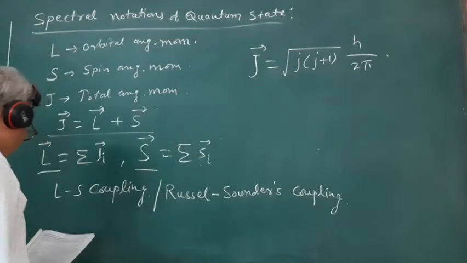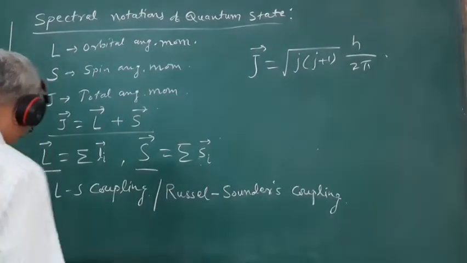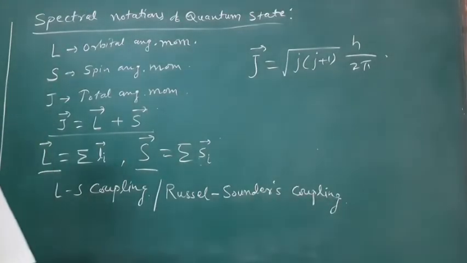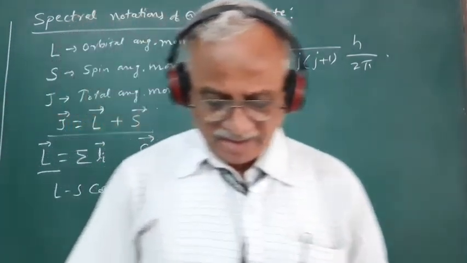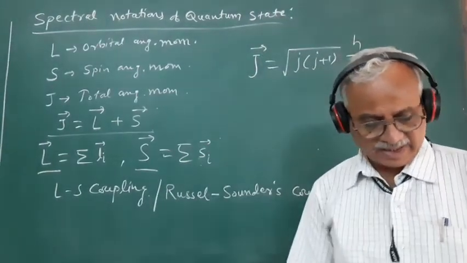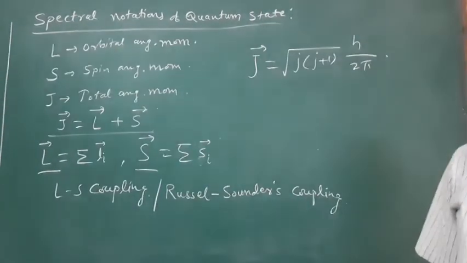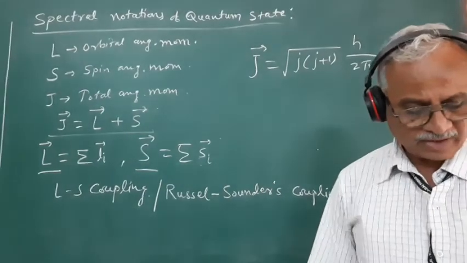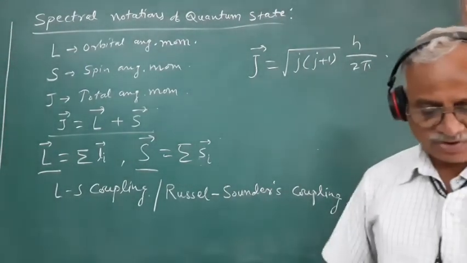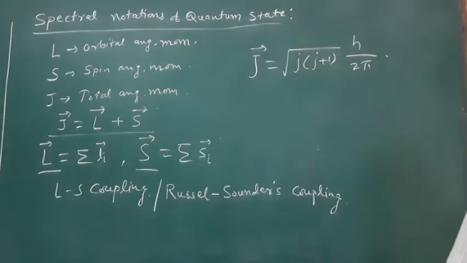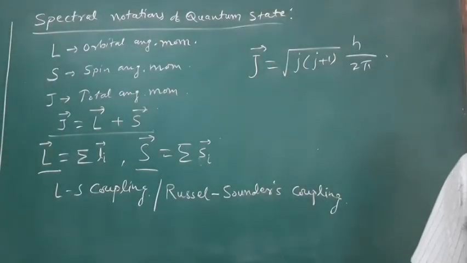So this is how we can obtain the value of J bar. The total angular momentum of an atom is decided by the last unpaired electrons in an atom, so that the core electrons in an atom do not contribute to the total angular momentum J bar of the atom.